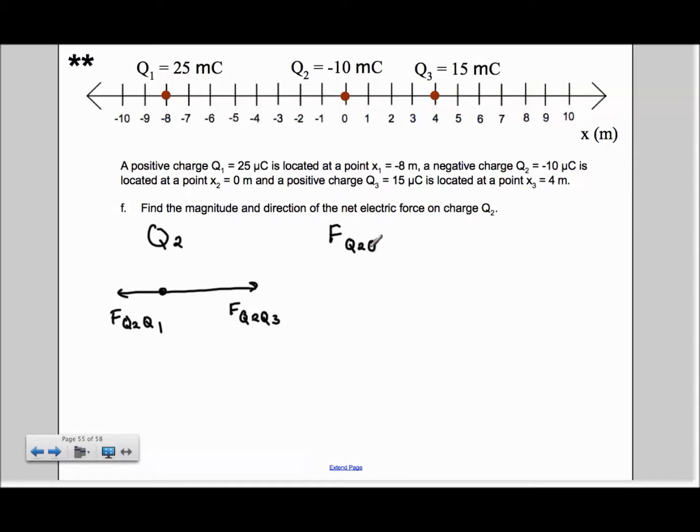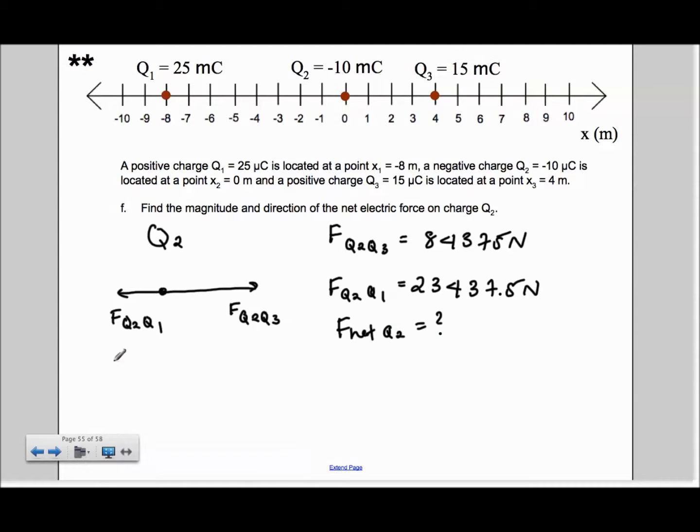So from previous problems, we know that force Q2, Q3 is equal to 84,375 newtons, and force Q2, Q1 is equal to 23,437.5 newtons. So now we are basically solving for the net electric force on Q2. So that's going to be our unknown.